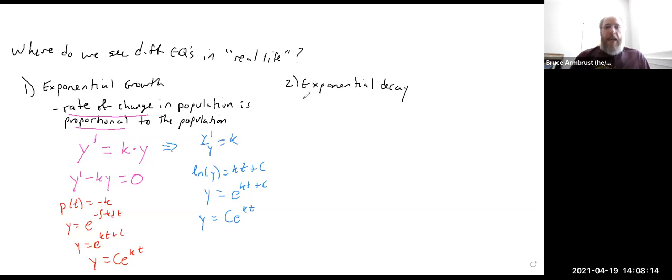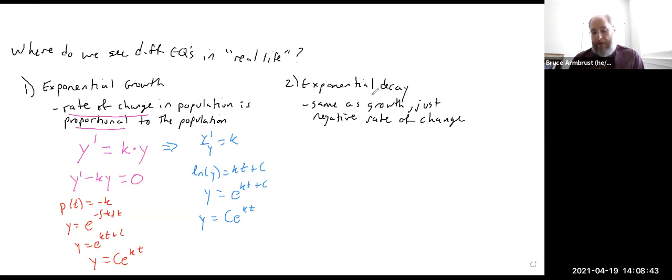So exponential decay is the same as growth, except the rate of change is a negative rate of change, because instead of growing, it's going to be decaying.